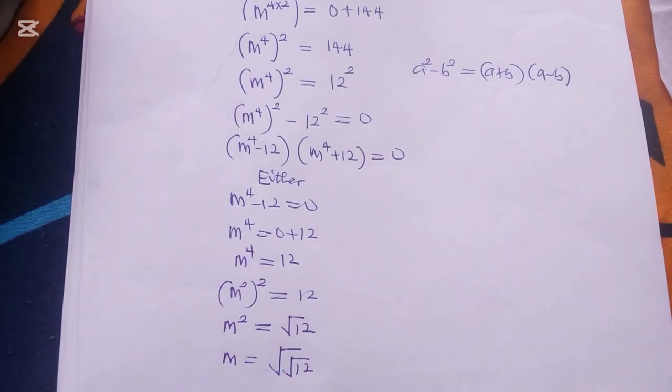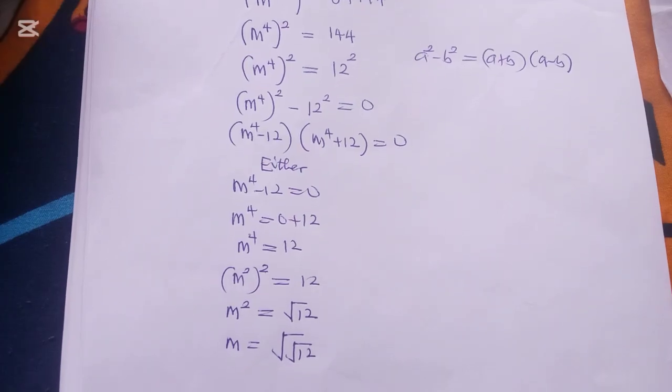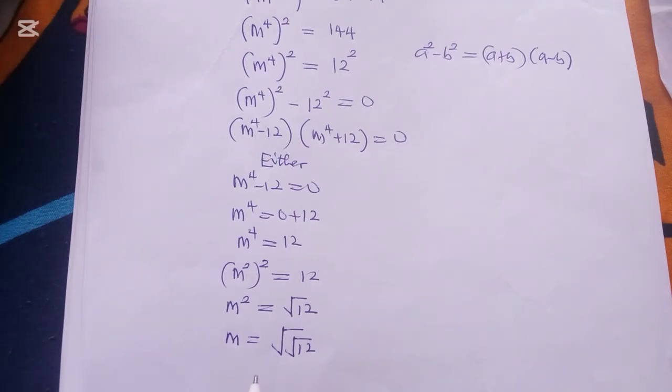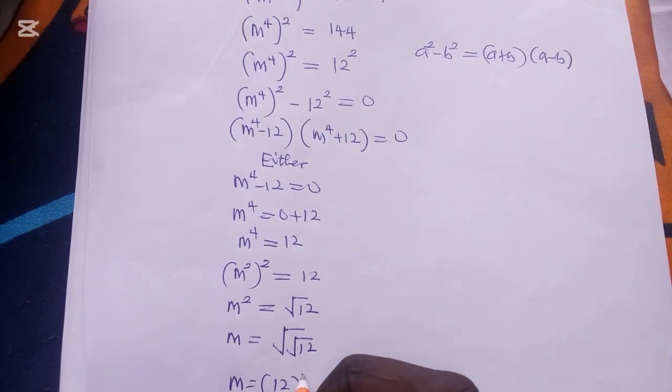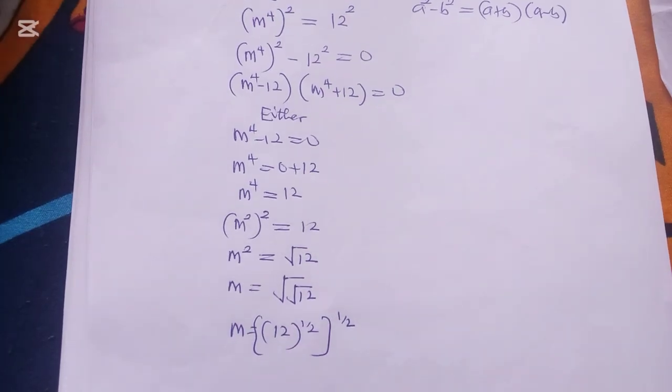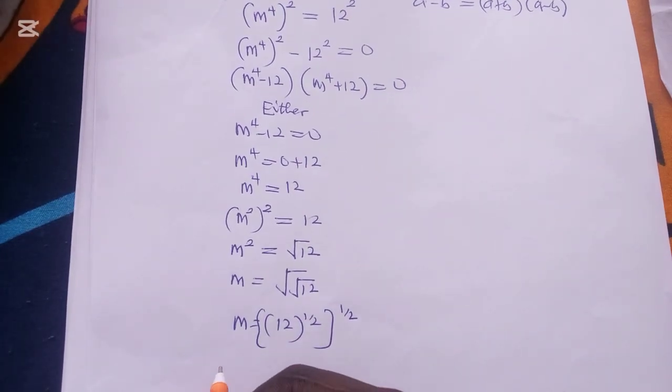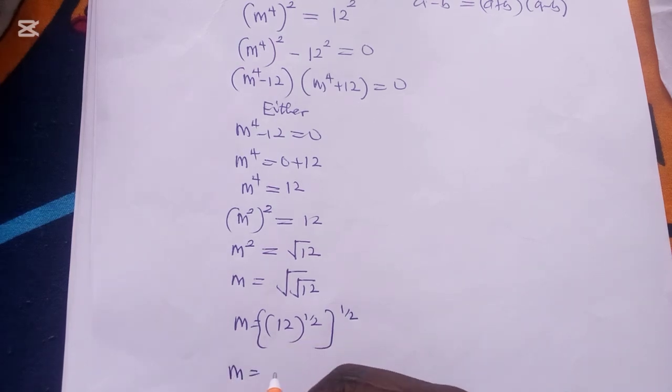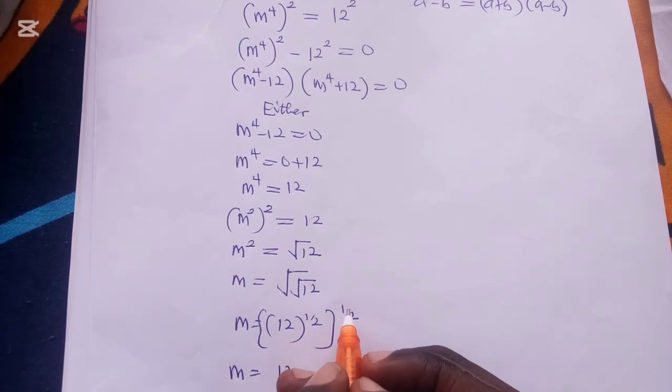Expressing this, m becomes 12 raised to the power half, and it is still raised to the power of half again. Then to find the value of m, this is 12, this is a power, this is also a power.